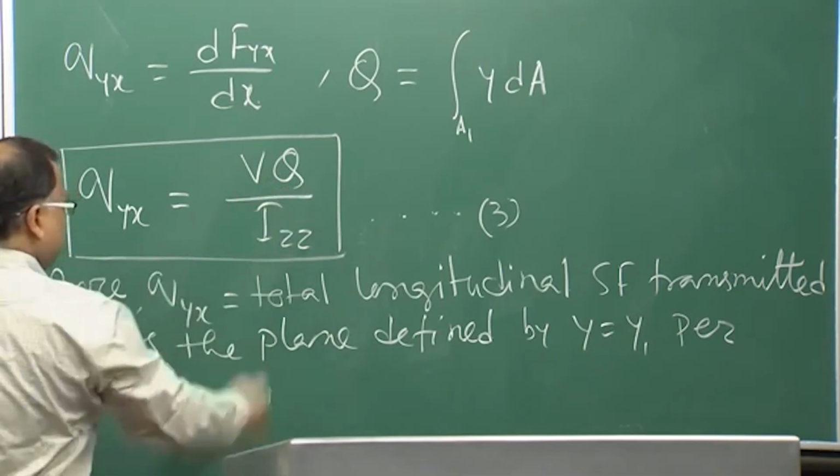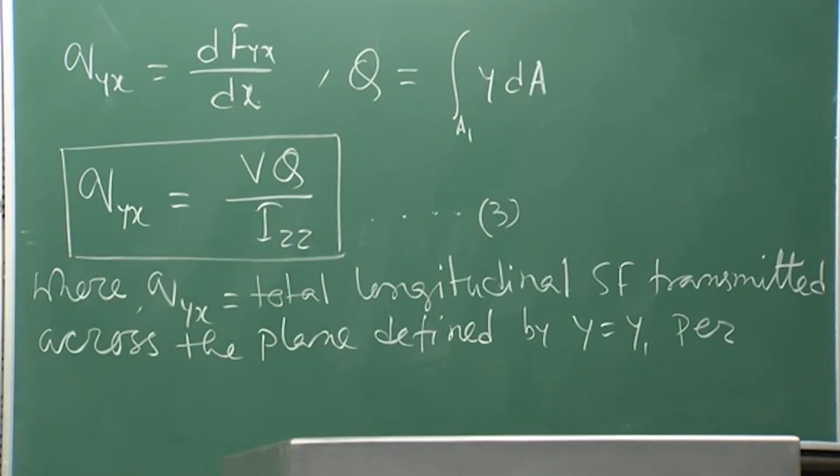So, what you are getting from this equation? This Q is defined by the plane on which you are interested to find the shear flow. Izz is the cross-sectional property, as you know.